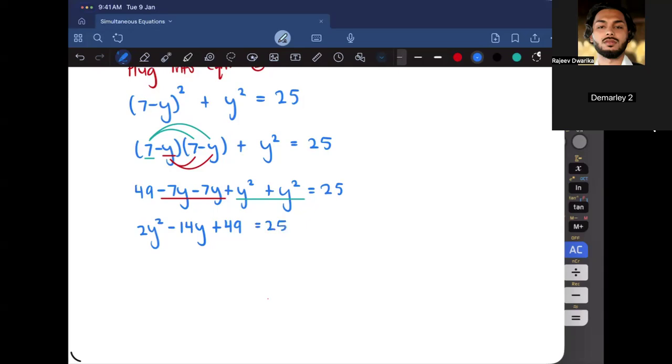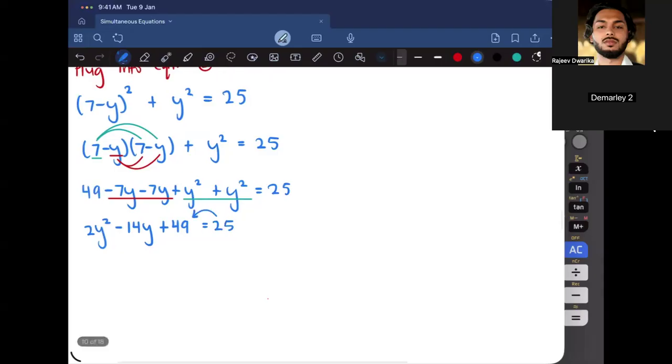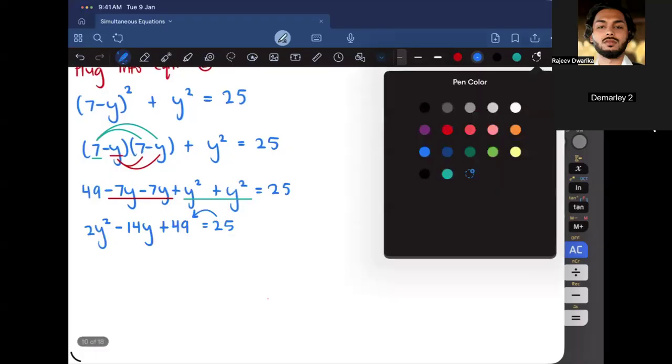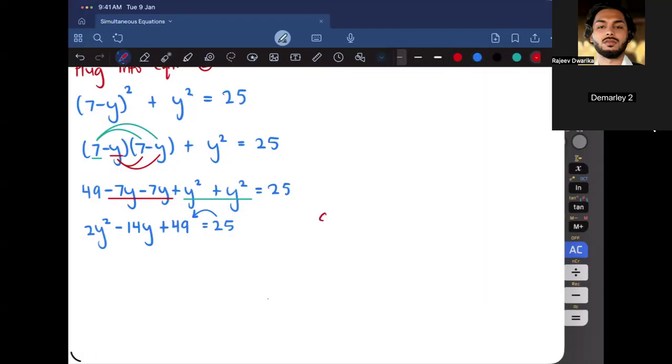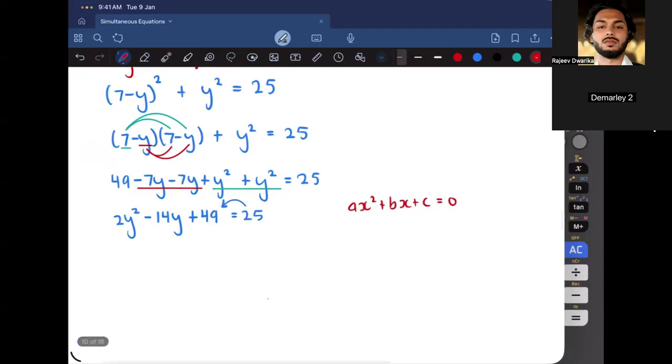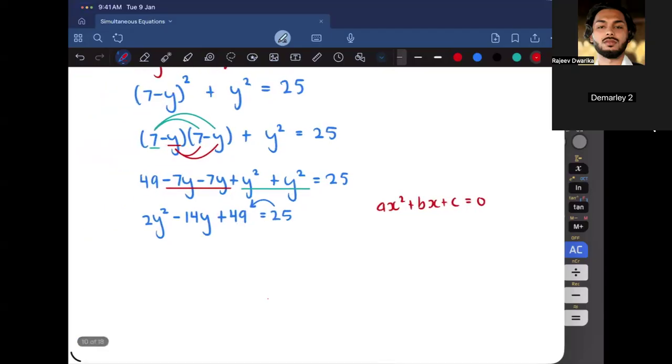Now I'm going to take that 25 and move it across. Again, this is unfamiliar territory, but I essentially want to put it in the form of a quadratic. The form of a quadratic is ax squared plus bx plus c is equal to 0. Trust me, when you're doing quadratics, it makes sense. I want to bring across everything so that it is equal to 0.